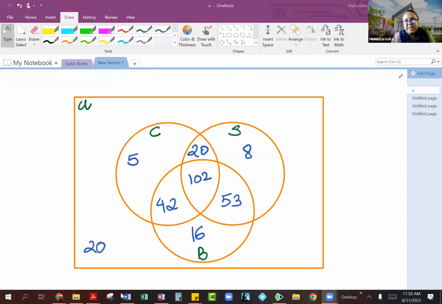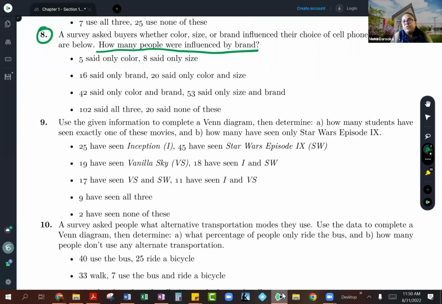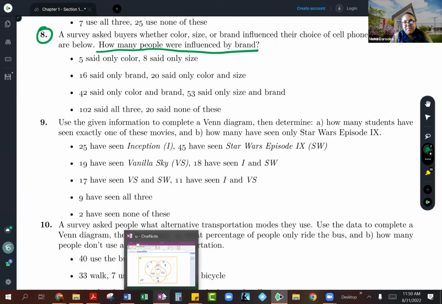Okay, Terry, I see your answer. Now, again, the question is, how many people were influenced by brand? So how they're writing the question is very important here.